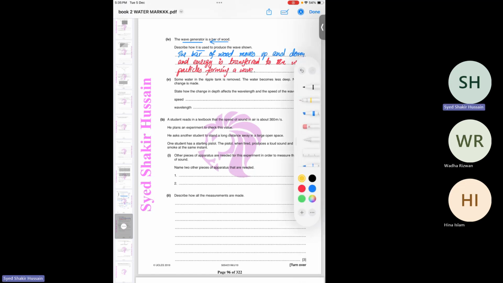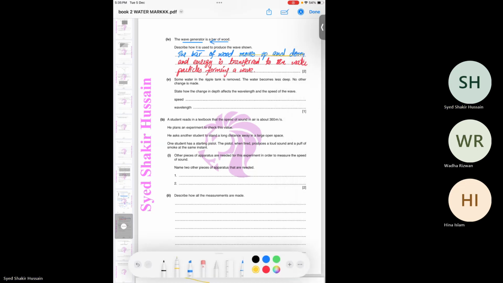What the examiner would be looking for is that you have mentioned the up and down movement. And what else he will be looking for in your answer is that you have mentioned that energy is transferred or a wave is formed.